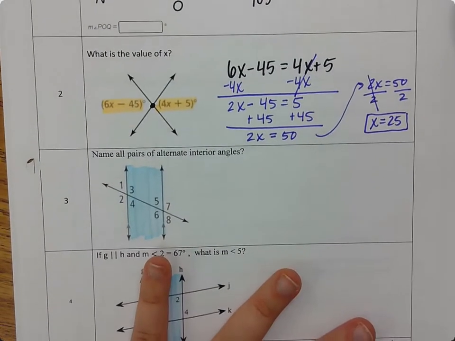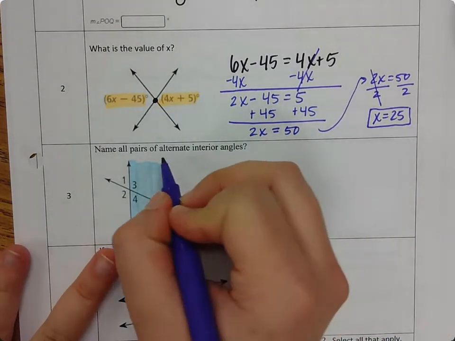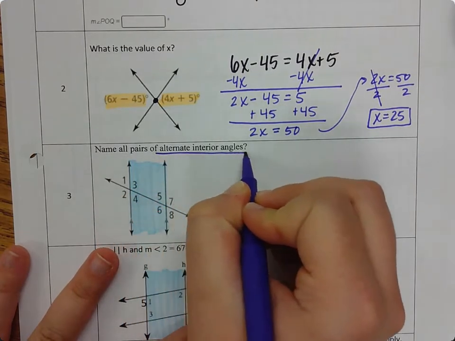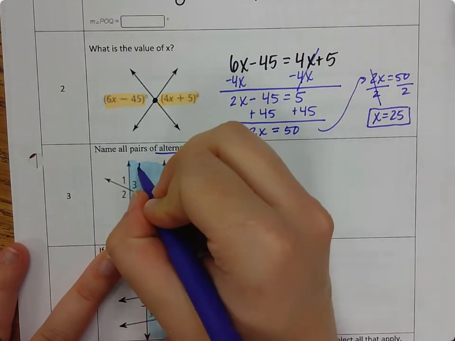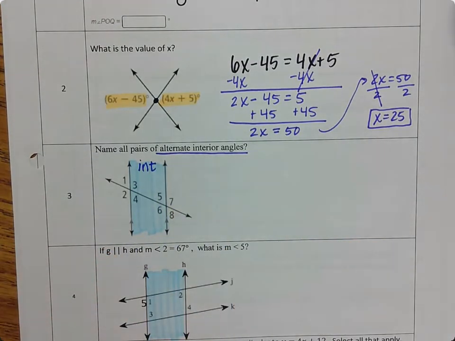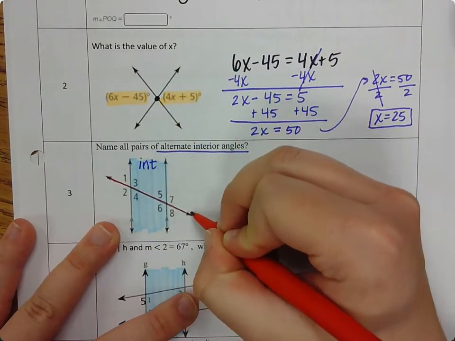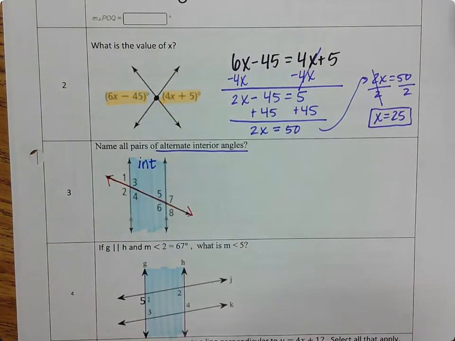Now we're moving into topic 2, which is our parallel lines cut by transversals. We want to name all the pairs of alternate interior angles, and I've highlighted my interior. I'm in between those two parallel lines. Alternate means that we're going to have to be on opposite sides of the transversal. They're kind of like diagonal from each other.